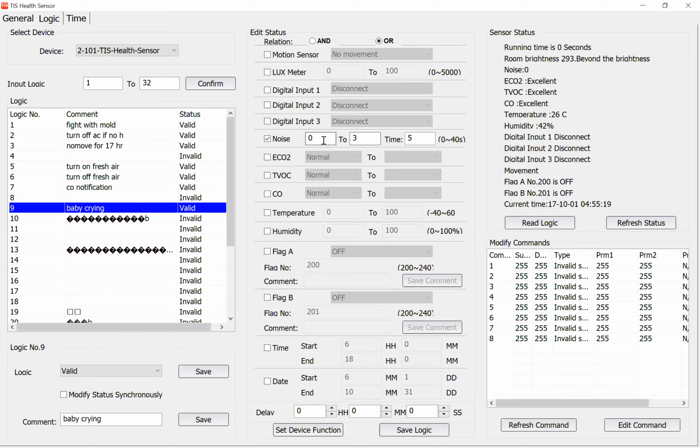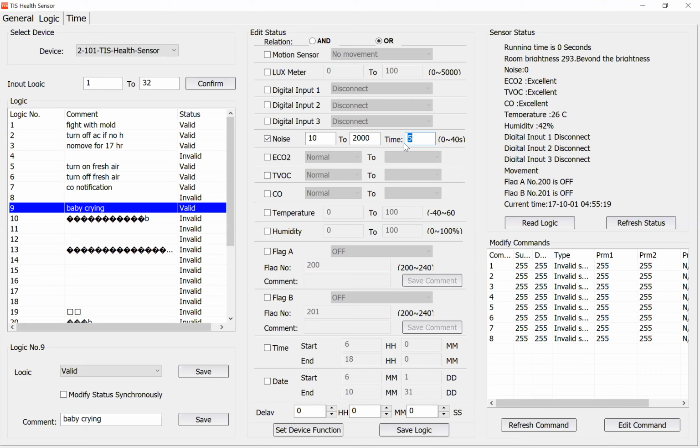Now, for example, if the noise from 10 to, for example, 2000 for 5 seconds. Remember, I put this time for 5 seconds because sometimes we have one noise in the room. For example, the baby only has one noise.